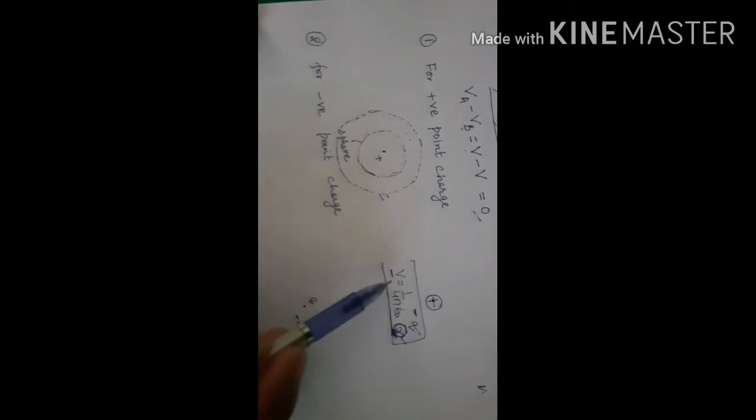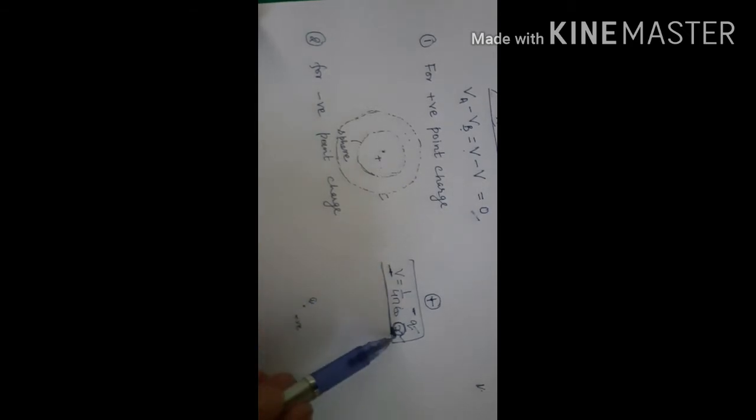If R is the same, then the potential will also be the same, that is, an equipotential surface. Or in another way, for the potential to be the same, the radius should be the same. For V constant, R should be constant.